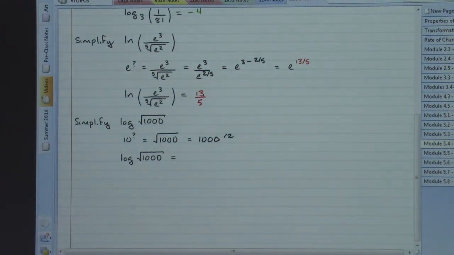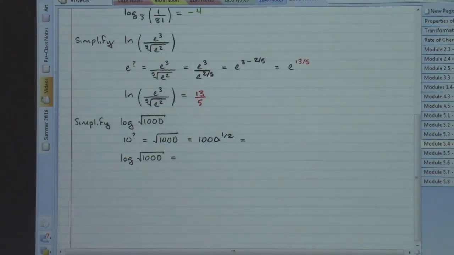Well, what about the numerator? Well, the 1,000 doesn't have a power already appearing, but we can view that as having an invisible power of 1, so 1,000 to the 1/2 power.